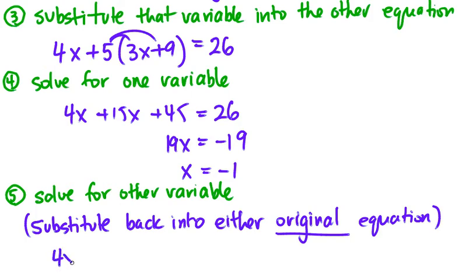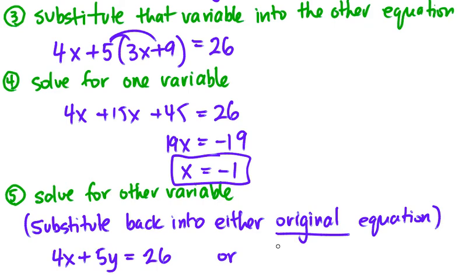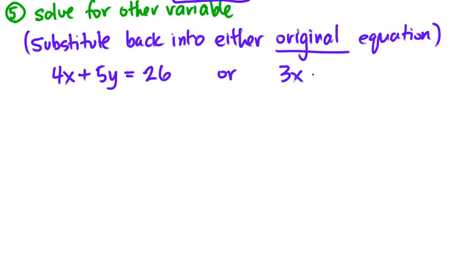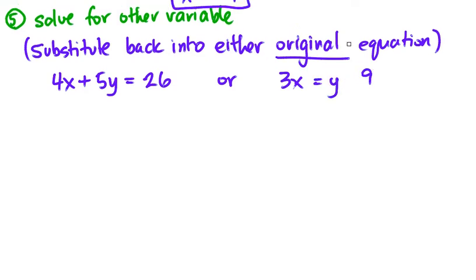So in this case, I can substitute x = -1 back into 4x + 5y = 26, or I can substitute it into the original equation that I had for the other equation, which was 3x = y - 9. I can substitute x = -1 into either of these equations and solve for y. And I'll show you that it works in either equation.